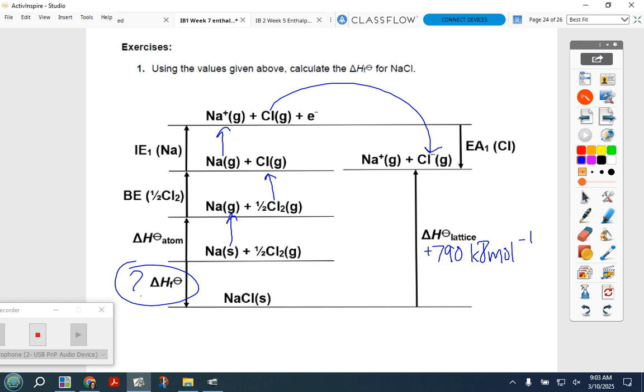That is 107. I'm going to leave out the kilojoules per mole on all of these, because there's no point in writing them in unless you're being asked to annotate a diagram on a test, then you would probably want to write the units in or at least have it somewhere on the graph, but it's not really important for this.